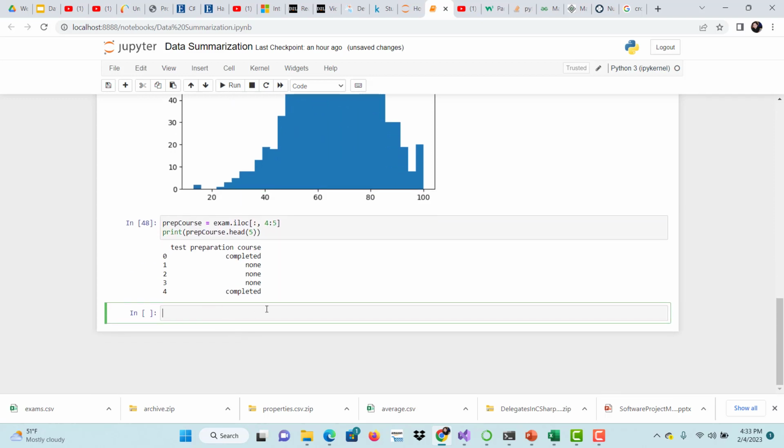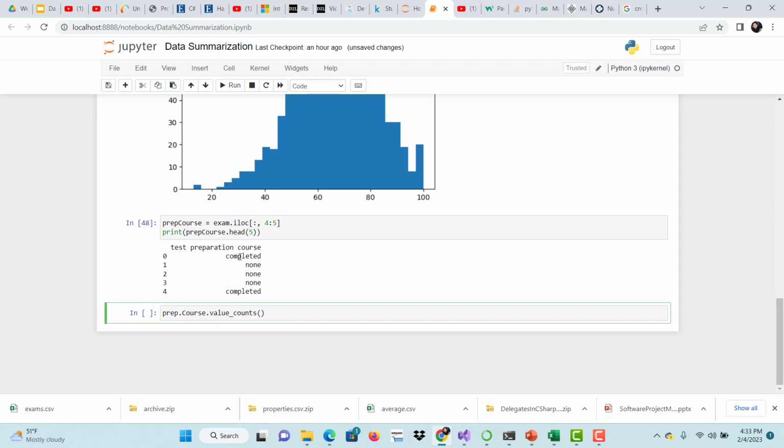And next we can use this function called value count to get the number of the options in this category.